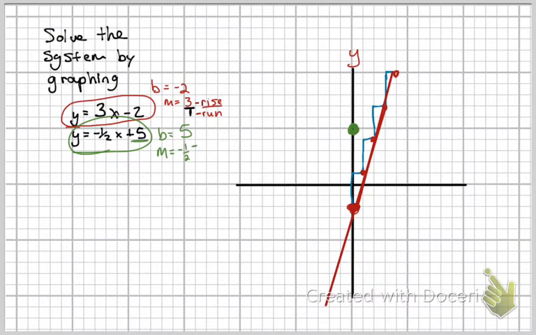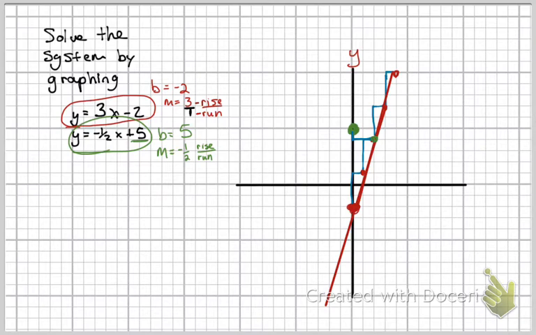The numerator, the top of the fraction, corresponds to my rise, and my denominator corresponds to my run. So instead of rising 1, I'm going to be going down 1 space, and then going to the right 2 spaces, putting a point.